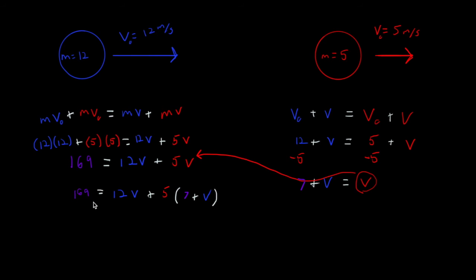And so now I've got 169 equals 12 blue V plus 5 times 7 plus blue V. So let's distribute this 5, and then let's simplify our equation. Then I'm going to subtract 35 from both sides, and I'm going to add my two V terms together.